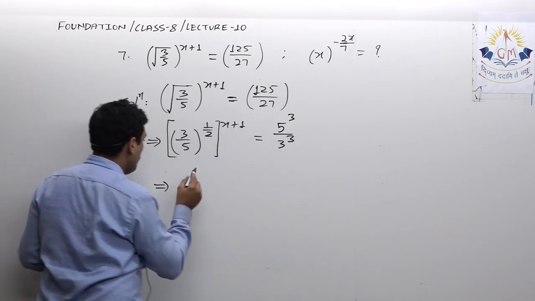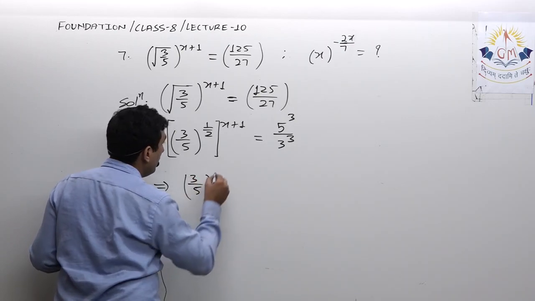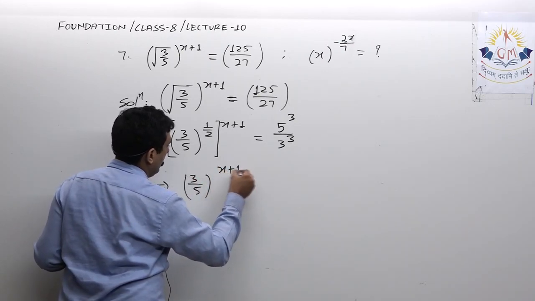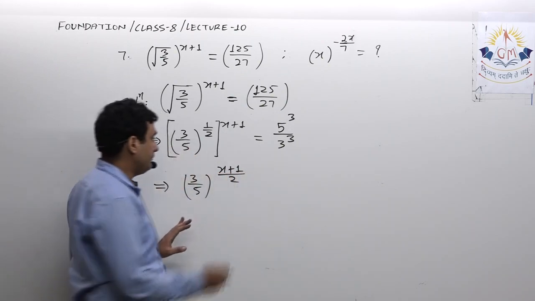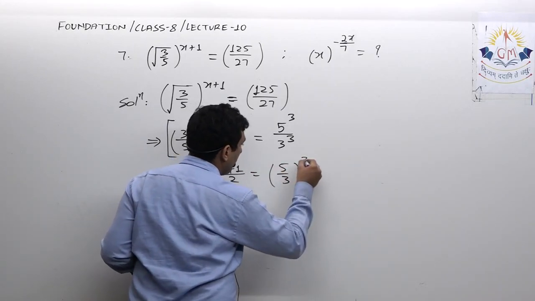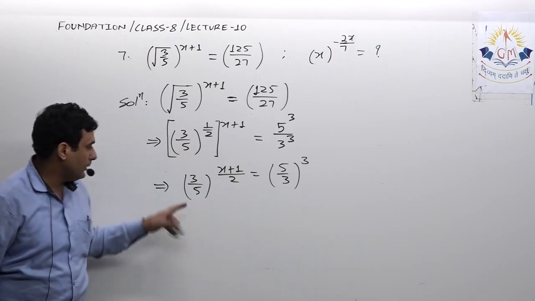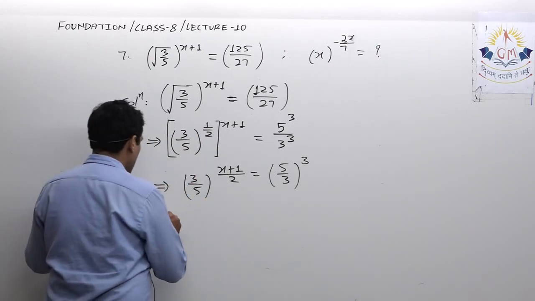Now we know to get the values of unknowns, in general we have to make the bases same. Now here base is 3 by 5, and here base is 5 by 3. They are not same, but they are reciprocal of each other. We also saw this type of sum in our previous lecture.